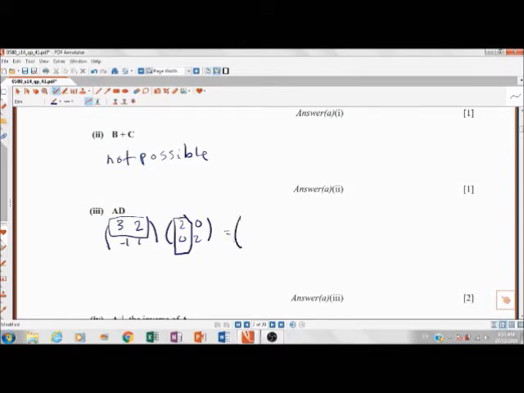This multiplied by this. 3 times 2, 6. 2 times 0, 0, so 6. 3 times 0, 0. 2 times 2, 4. Negative 1 times 2, that's negative 2. 1 times 0, 0. That's negative 2. 1 times 0, 0. 1 times 2, that's 2.